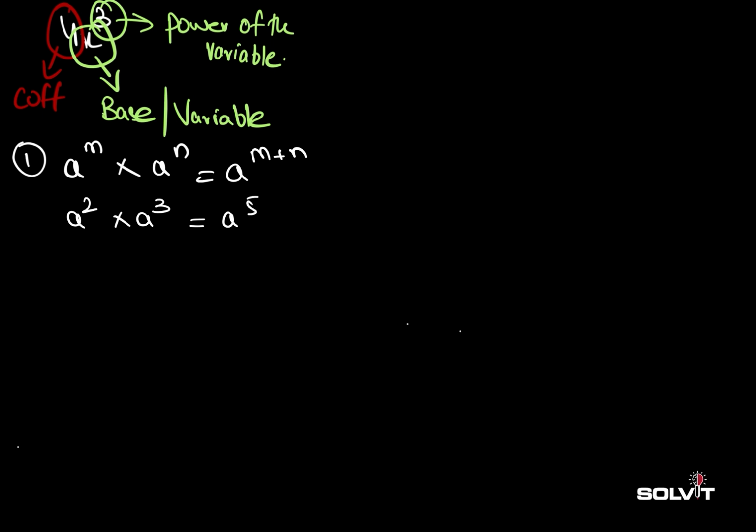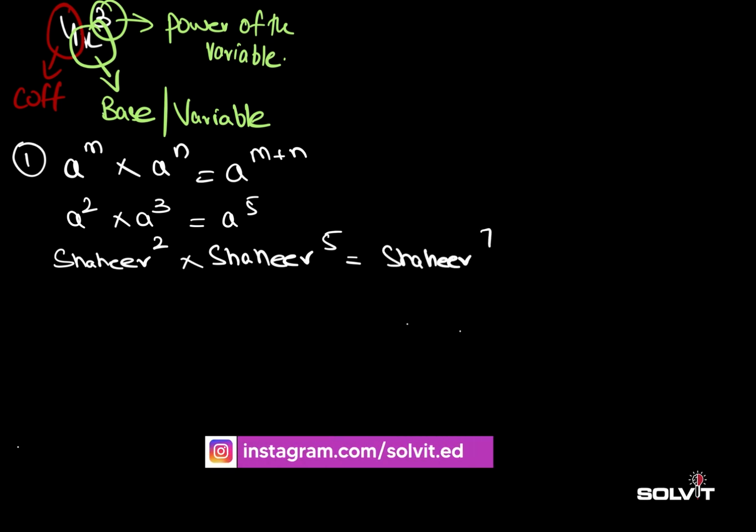The base can be anything. The base can be like Shahir times Shahir, Shahir square times Shahir square. The base is the same, so the powers can add.